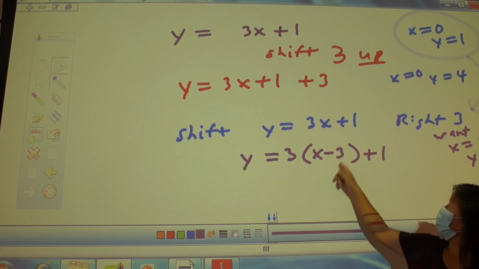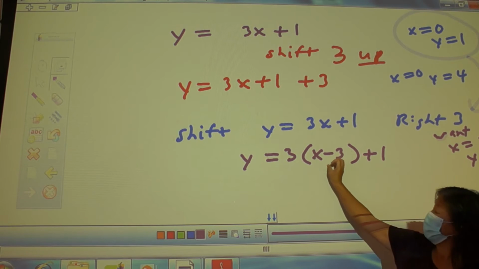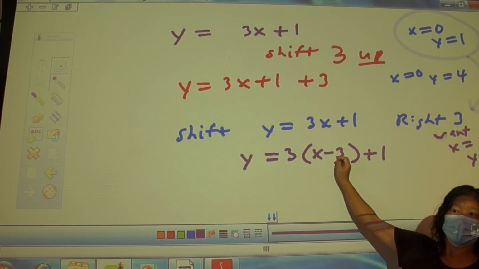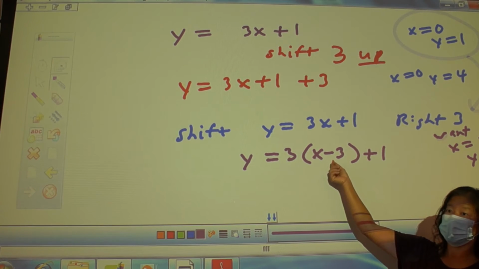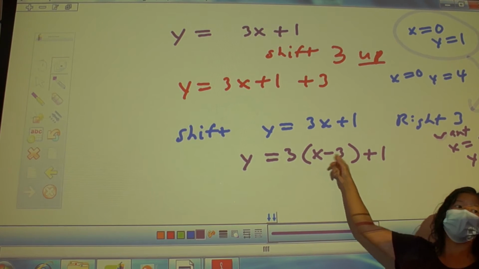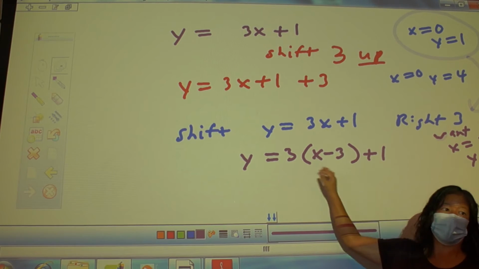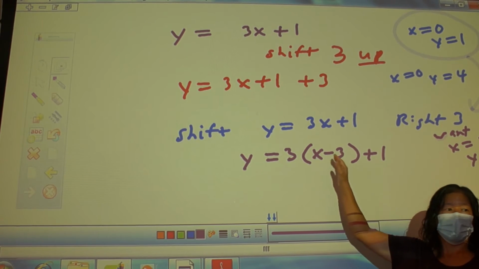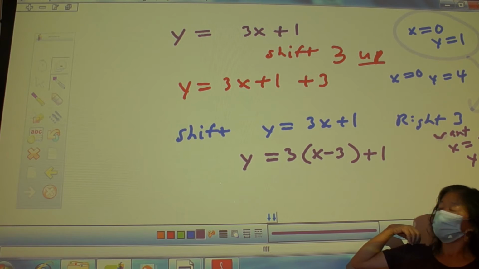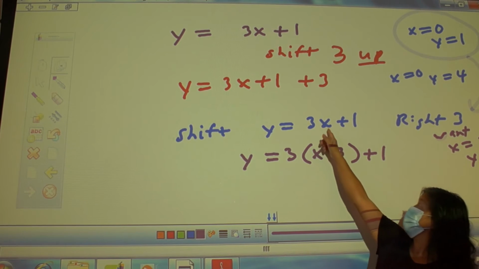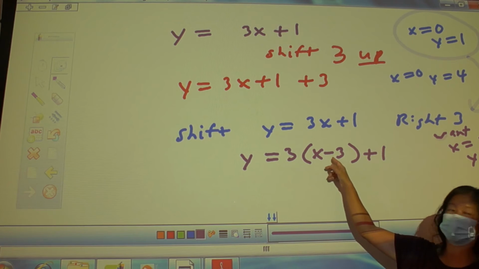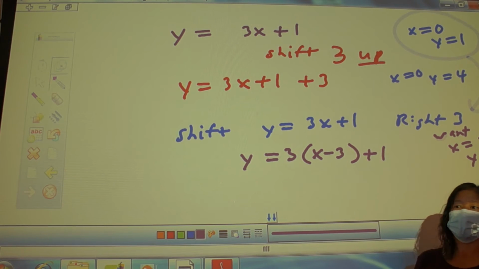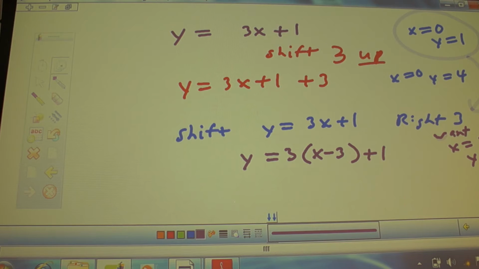So here, right inside where x is, I'm going to replace x with x minus 3. Because then x can be 3 bigger and still have this be the same value. Whatever value this used to be, it would still be the same if I made x 3 bigger, if I do x minus 3 here. So that's all the reasoning.